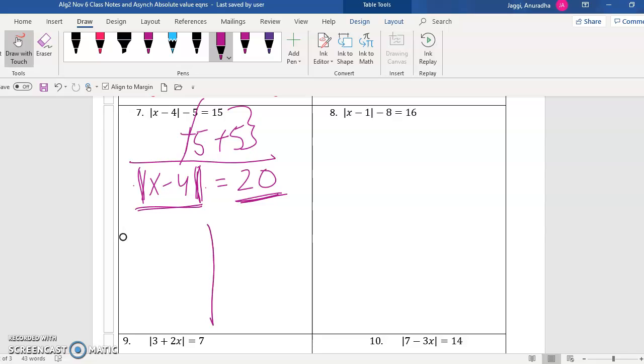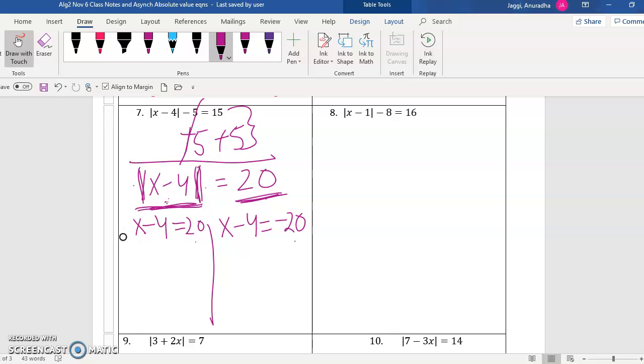So what do we do? We copy down the inside, x minus 4, and it is equal to 20, the right hand side. In the next part of the split, you have x minus 4 is equal to negative 20, because the absolute value of negative 20 is also 20, and the absolute value of 20 is also 20. So I can replace my x minus 4 with 20 one time and with negative 20 the other time.